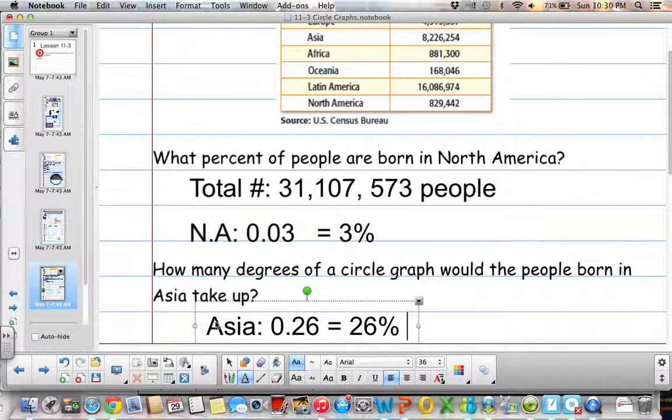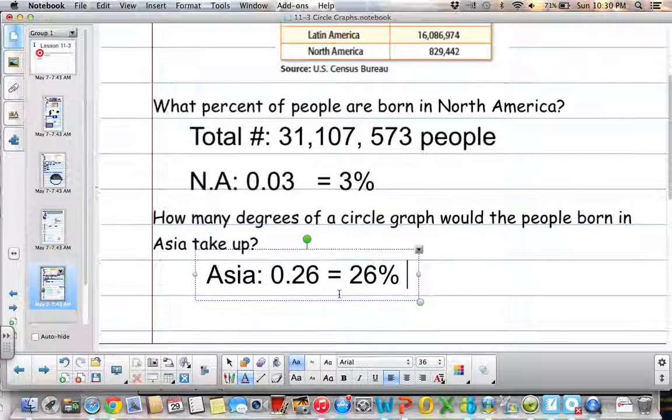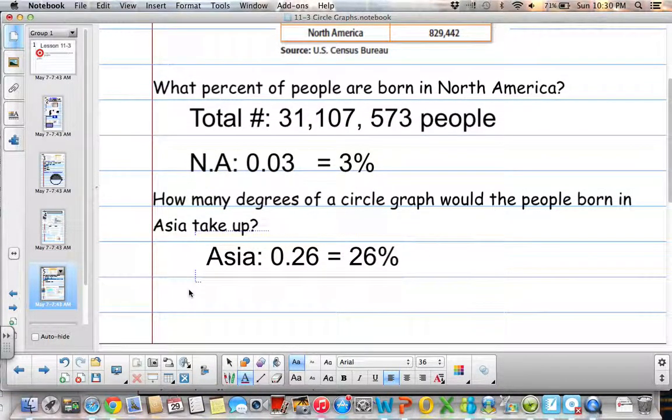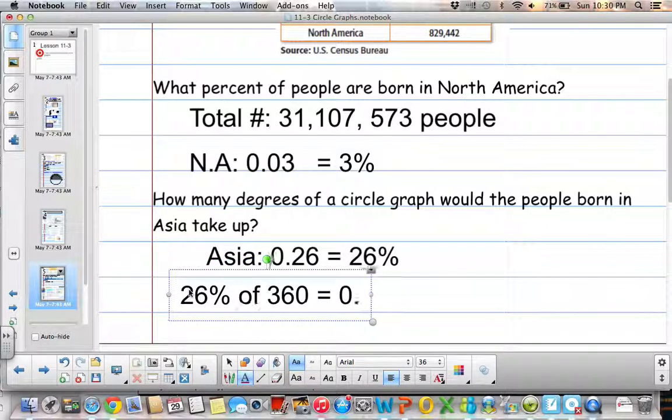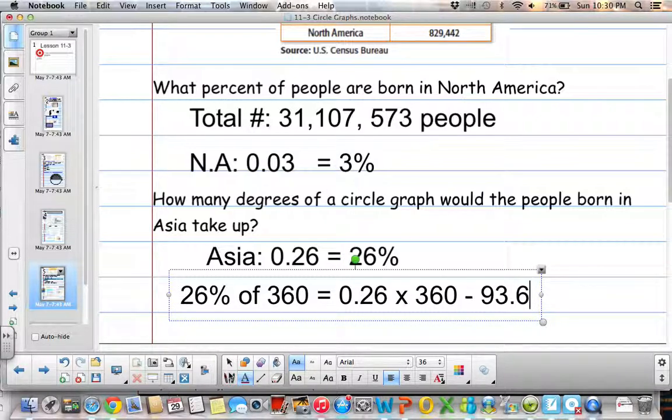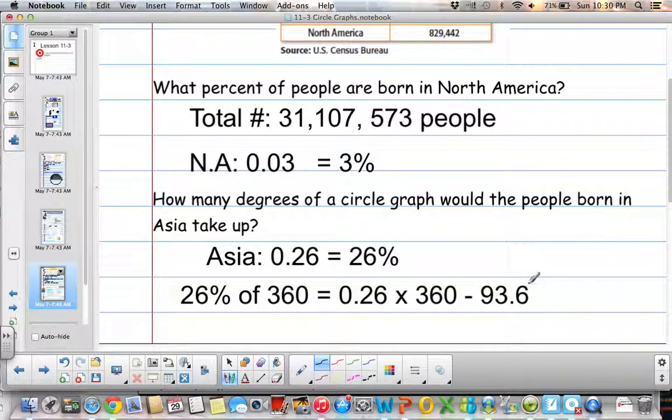And then, how many degrees of a circle graph? We would take 26% of 360, which equals 0.26 times 360, and we get 93.6. We'll add our little degree symbol so we have our correct label. So 93.6 degrees of our circle would be for Asia.